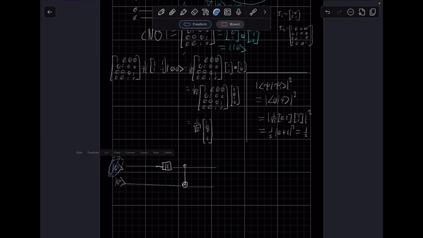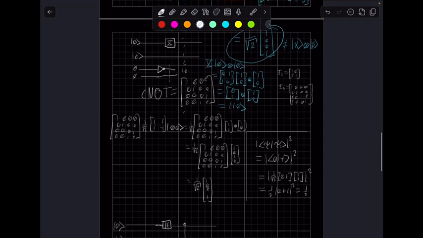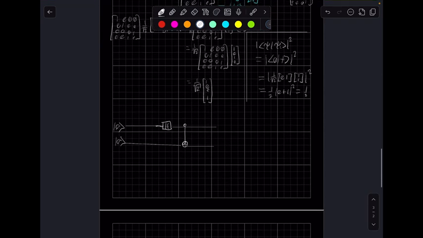That's traditional. You can input whatever you want here, but in quantum circuitry, we usually just set everything to 0 before sending it through our circuitry.